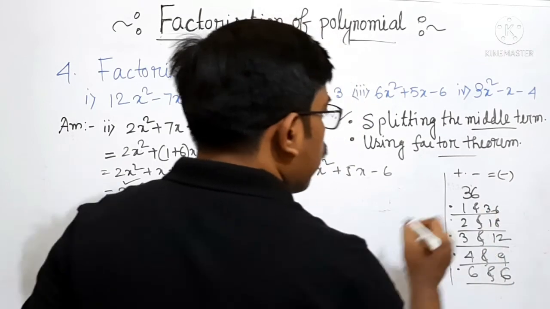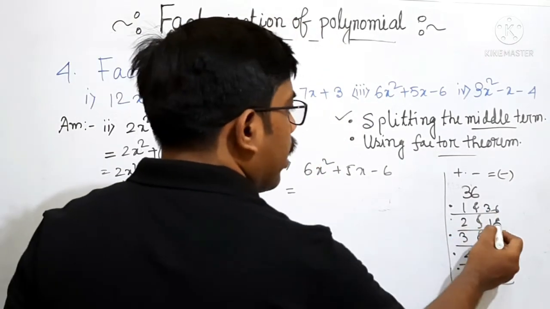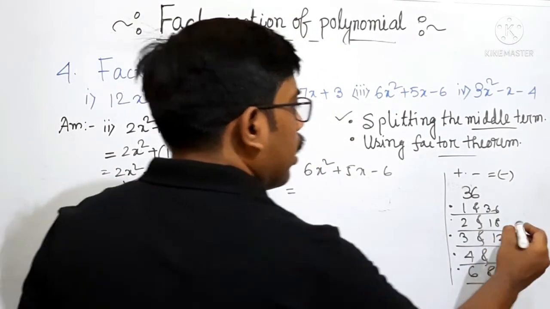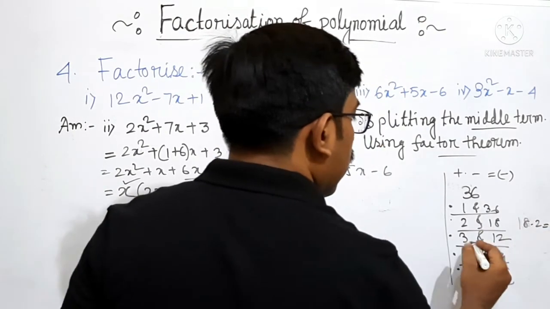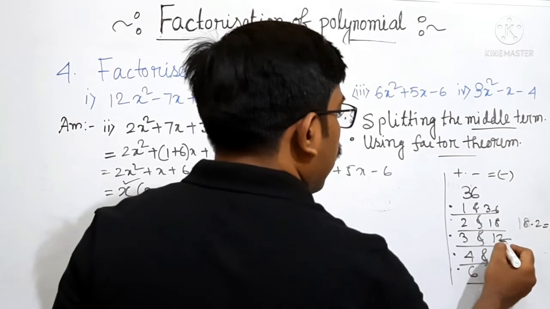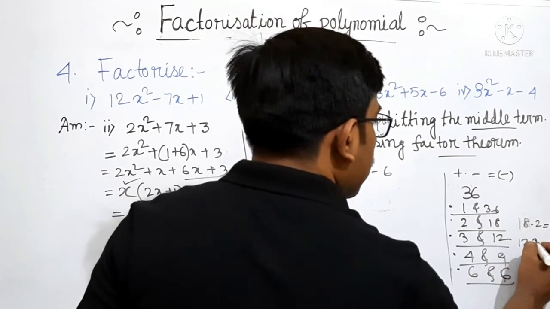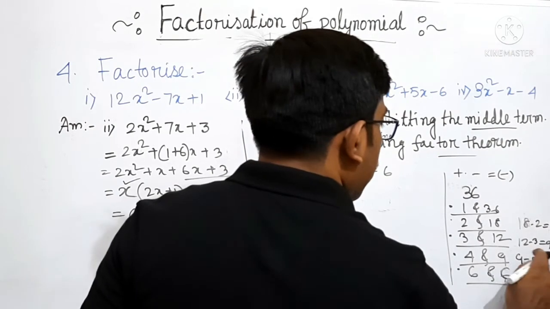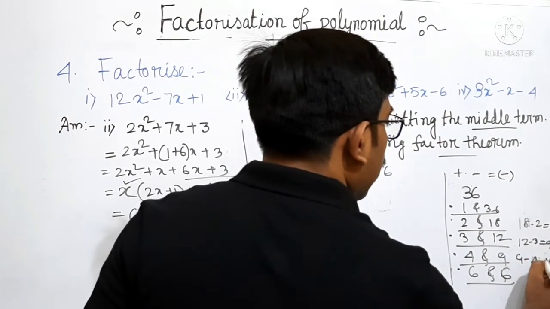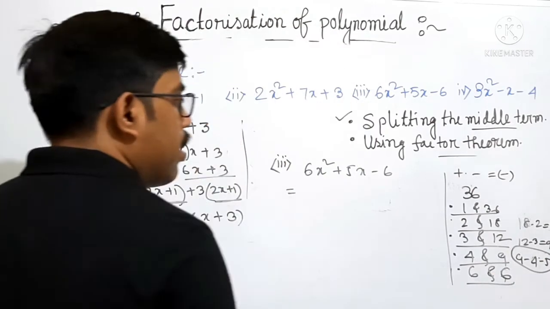Here 36 minus 1 is 35. Here 18 minus 2 is equal to 16. So it is not. Here 12 minus 3 is equal to 9. Here 9 minus 4 is equal to 5. So we will take this pair.